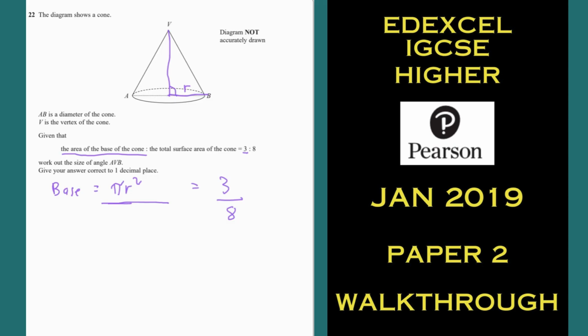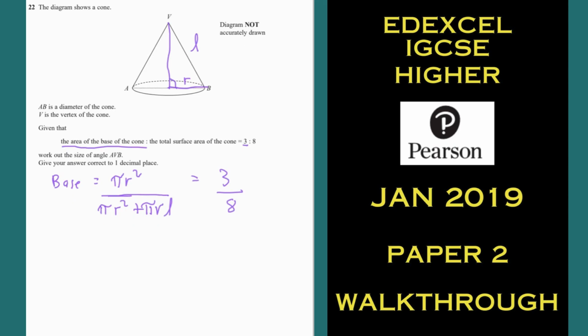If you go to your formula page, the total surface area of the cone is the base of the cone, that's another pi r squared, plus pi r L. We need to stick an L on because L is referred to as the slant length.